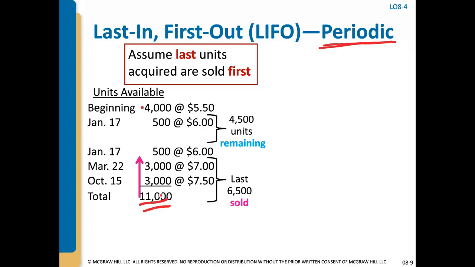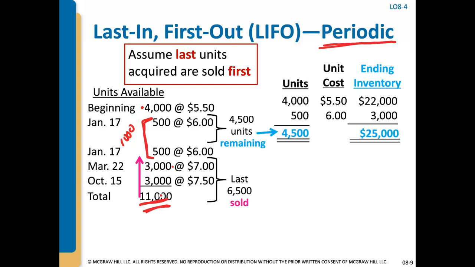We started with 4,000, then on January 17th we purchased 1,000 units for $6, but we'll discuss why this is broken up. Then we purchased 3,000 units on March 22nd for $7 and 3,000 units on October 15th at $7.50. And that gives us our total number of units available for sale during the year.